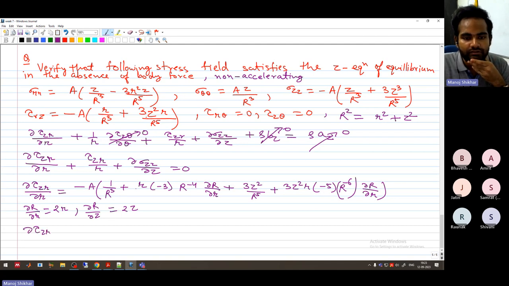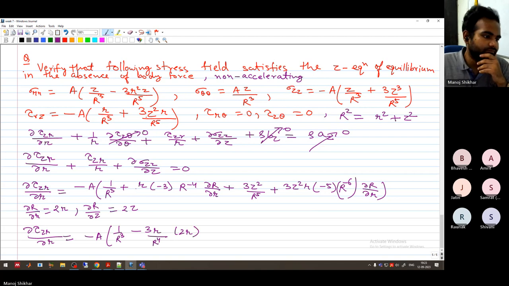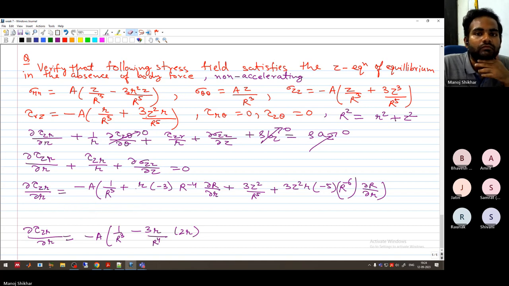So let's substitute del R by del r in this equation. I made a mistake here actually. If you differentiate this capital R, you will get 2R.